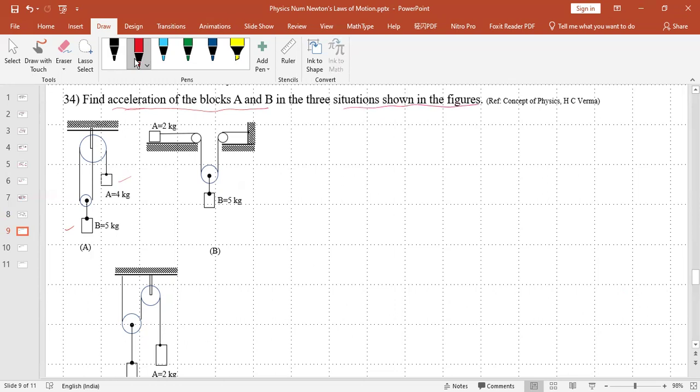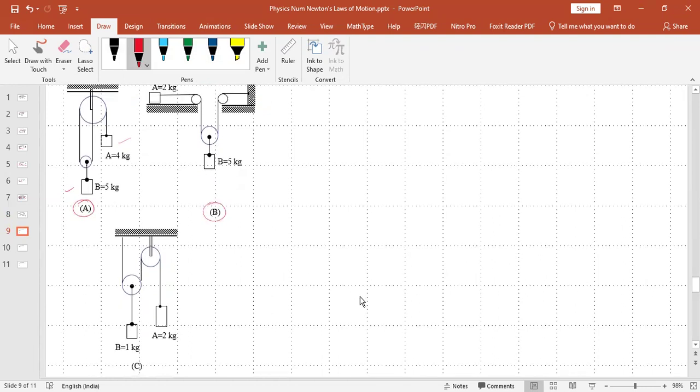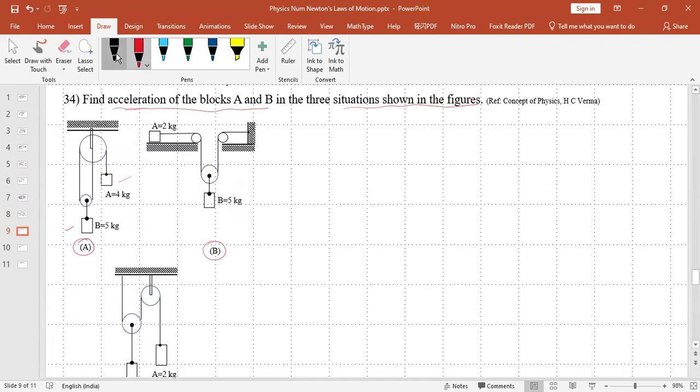Three situations are situation A, situation B, and this is situation C. Let us consider the situations one by one. First, let us consider situation A.